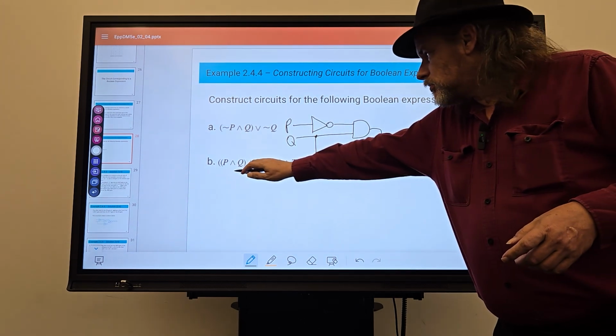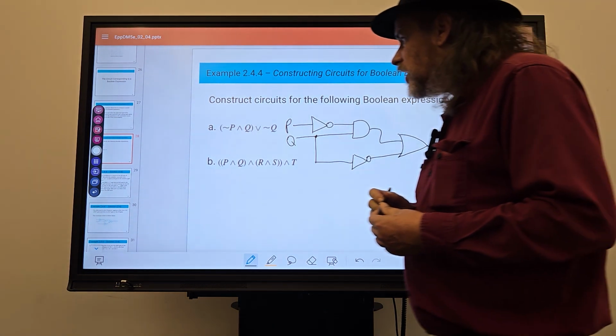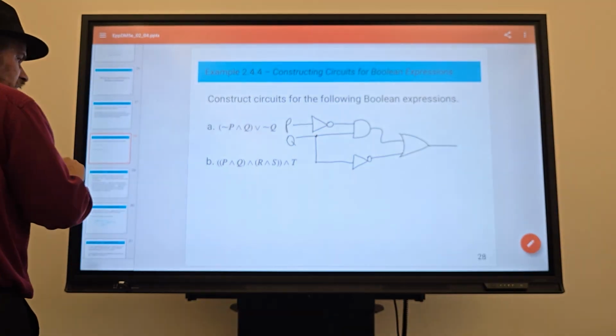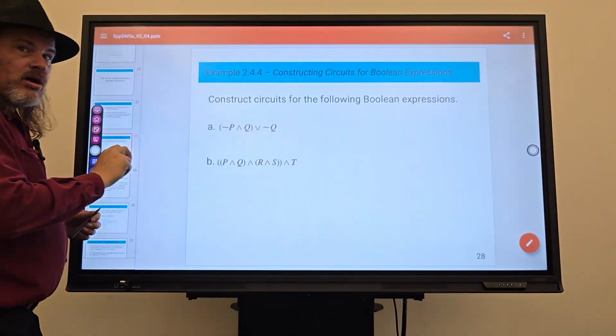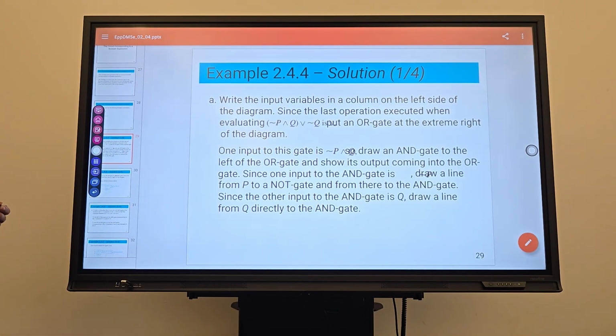So this is just a series of AND gates, making a 5-input AND gate effectively. I won't go through that one. But let's see here. Yeah, write the input variables in a column on the left side. Last operation executed when evaluating is an OR gate. Extreme goes to the extreme right.